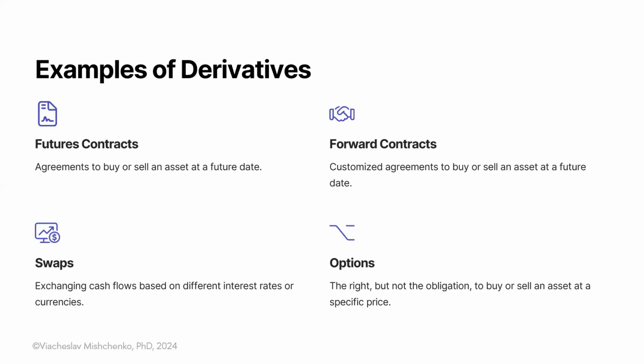It is fascinating to see how these instruments have evolved. Did you know that futures contracts have been around since ancient times? The first recorded use was in ancient Mesopotamia for agricultural commodities.